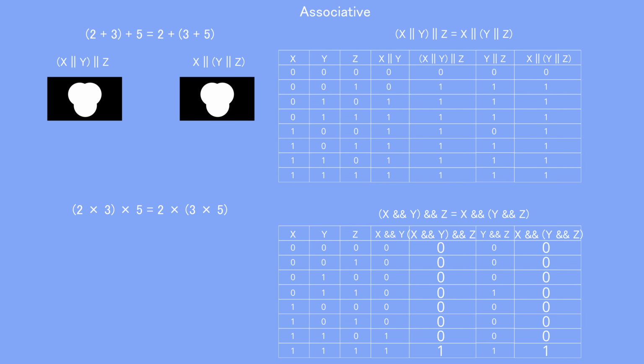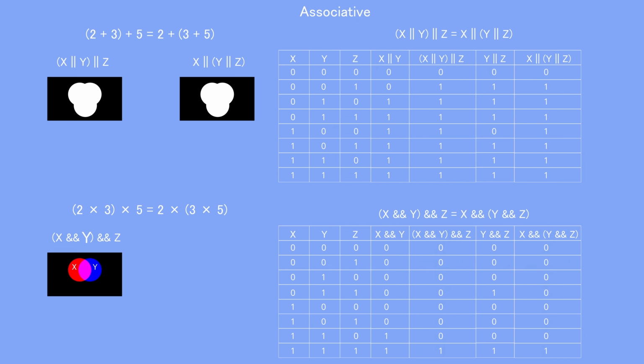As we can see, this law is also correct. X and Y and Z is the same as Y and Z and X.